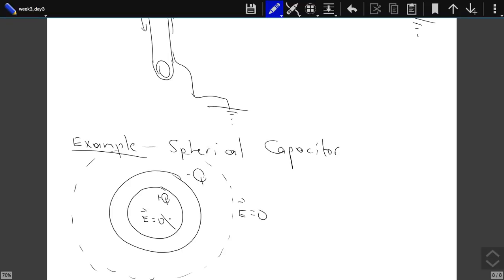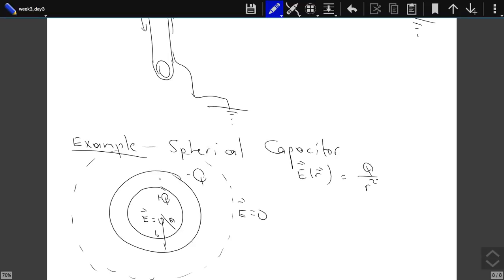Let's say these spheres have a radius A and B. So what's the electric field between these spheres? Let's say at this point, Q over R squared.